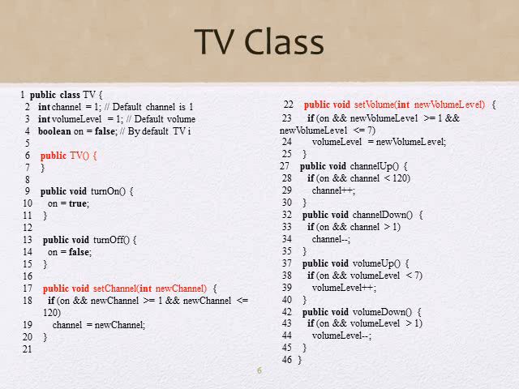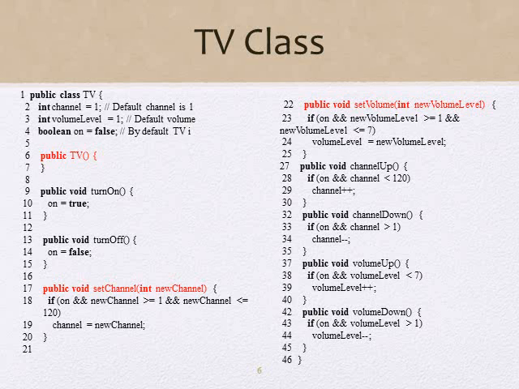Note that all the methods from line 17 on check to be sure that the TV is turned on before it tries to change the volume. And even when we try to set the channel, it assures that we're not setting the channel beyond a given range.